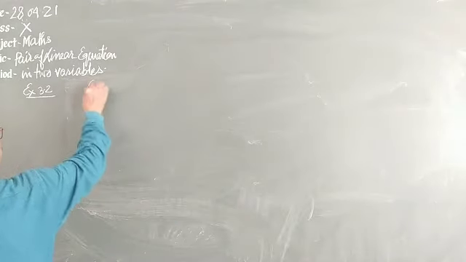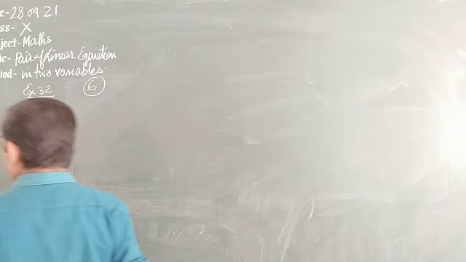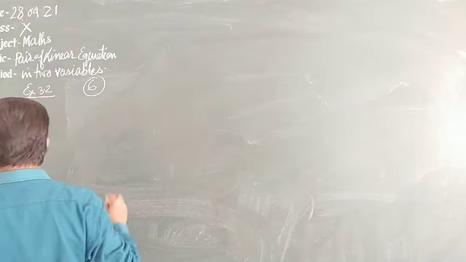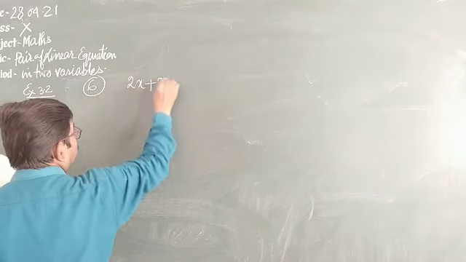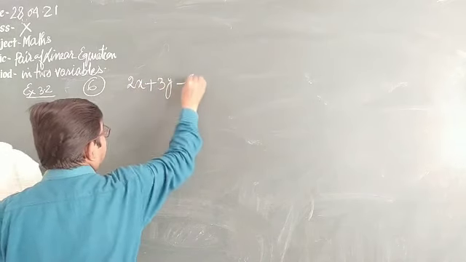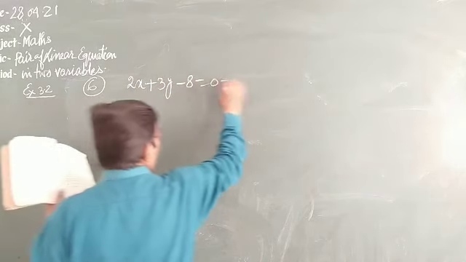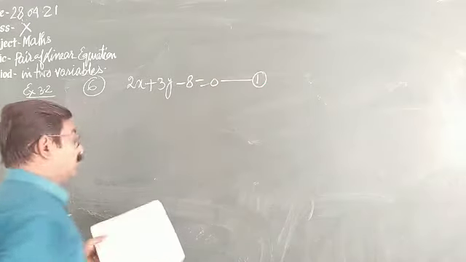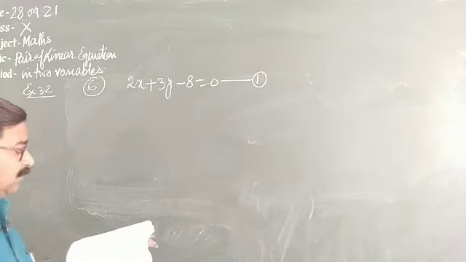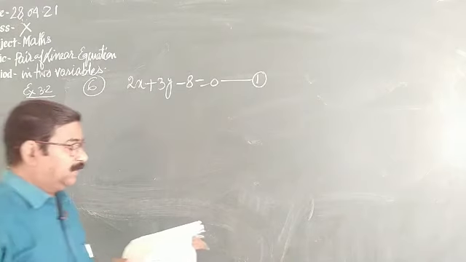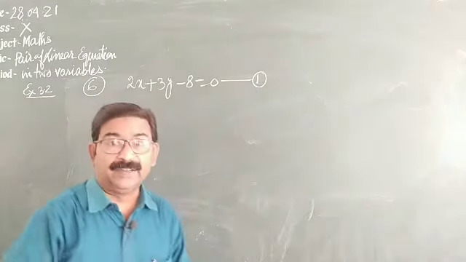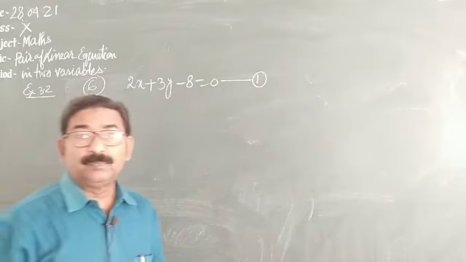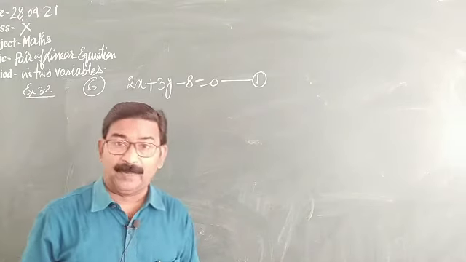We are given 2x plus 3y minus 8 is equal to 0. Now we have to find three equations such that they may have intersecting lines, parallel lines, and overlapping lines.